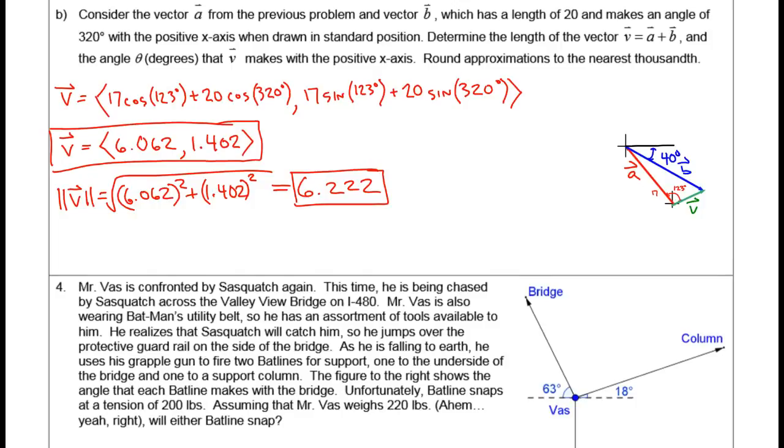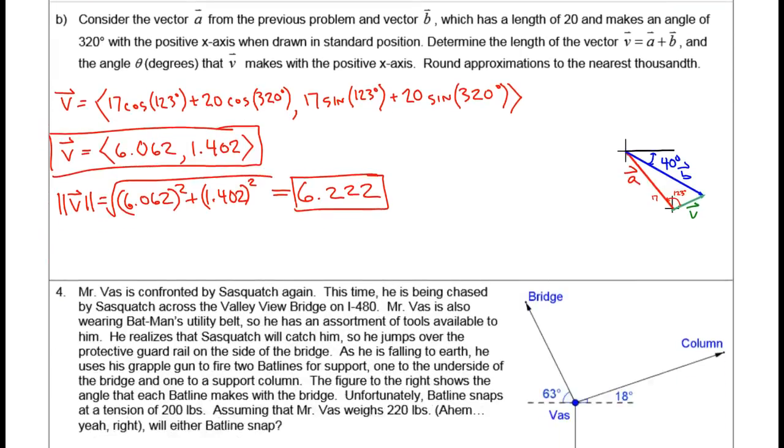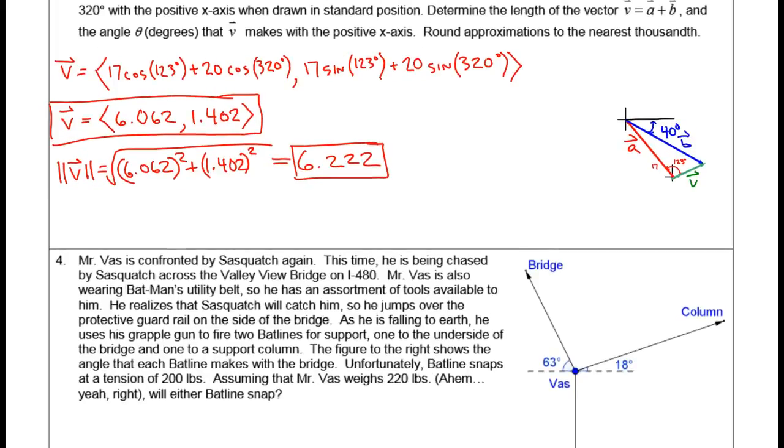Now for the angle, this is in quadrant 1, so it's pretty easy. It's going to be the inverse tangent of the y component divided by the x component. So theta equals the inverse tangent of 1.402 divided by 6.062, and that gives us an angle in degrees of 13.022 degrees.